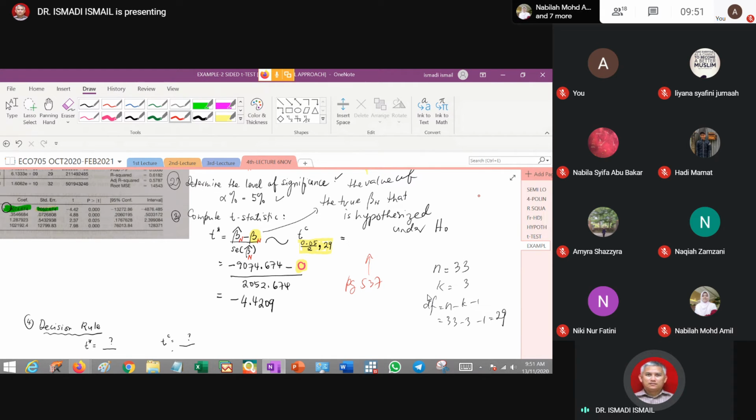For the column of level of significance, we have 10% for one-sided, 20% for two-sided. Because we are conducting a two-sided t-test, we refer to two-sided with 5%. You go down for the respective degrees of freedom, which is 29, it is 2.045.